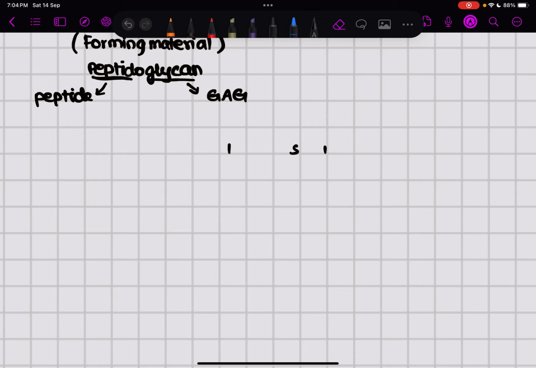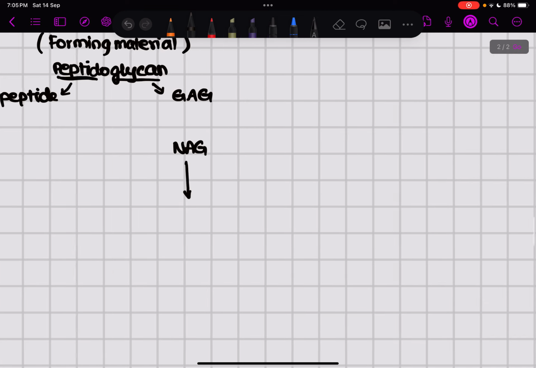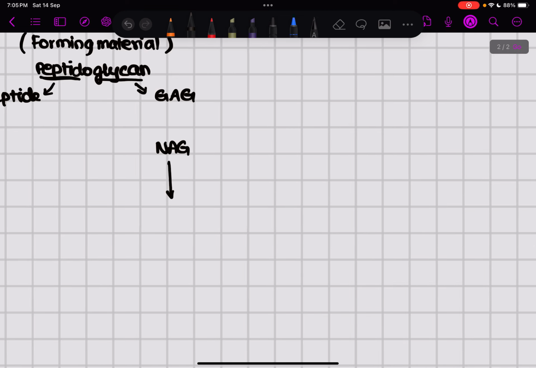We are going to call it NAG, N-acetyl glucosamine, and we turn it into something else. How do we turn it into something else? We add phosphoenol pyruvate to it with the help of an enzyme.